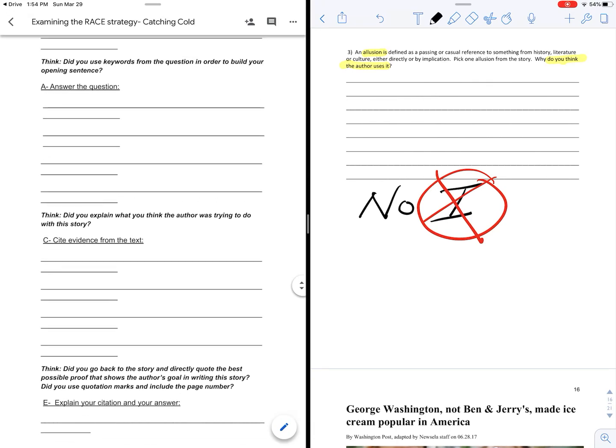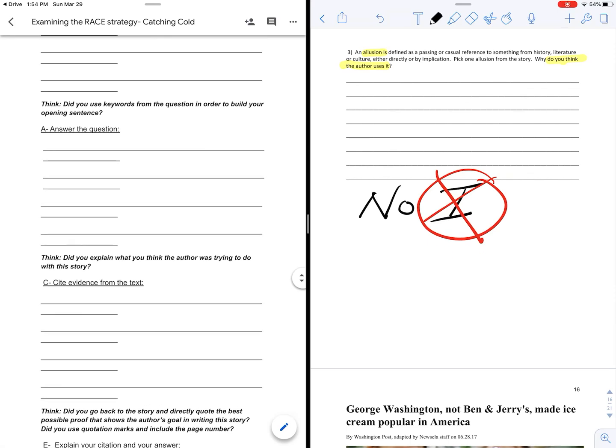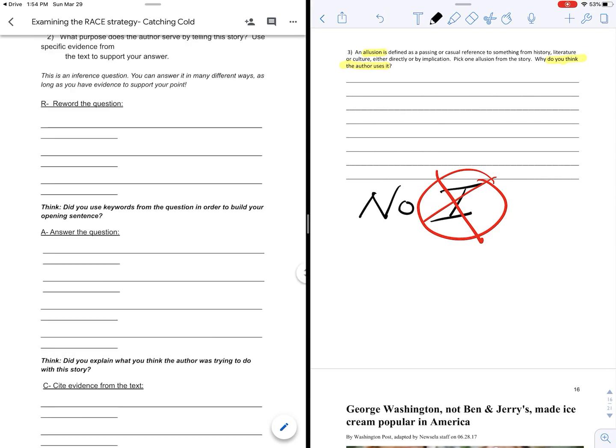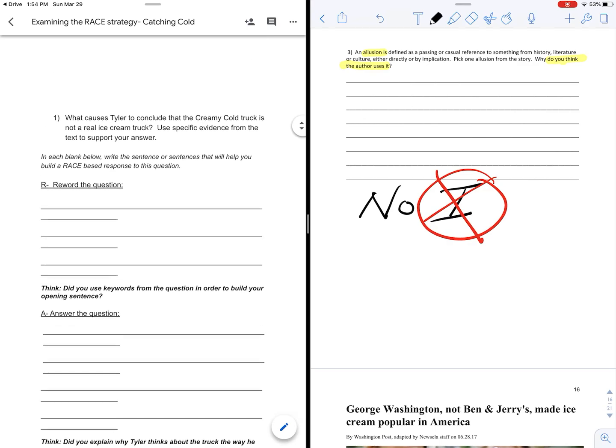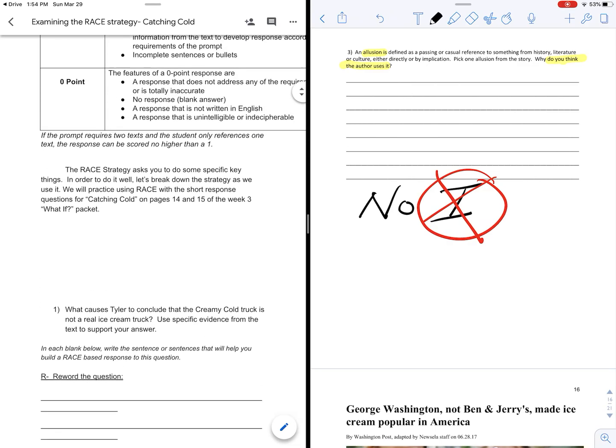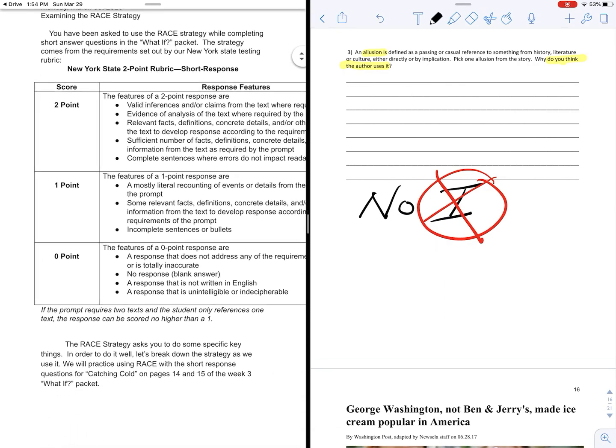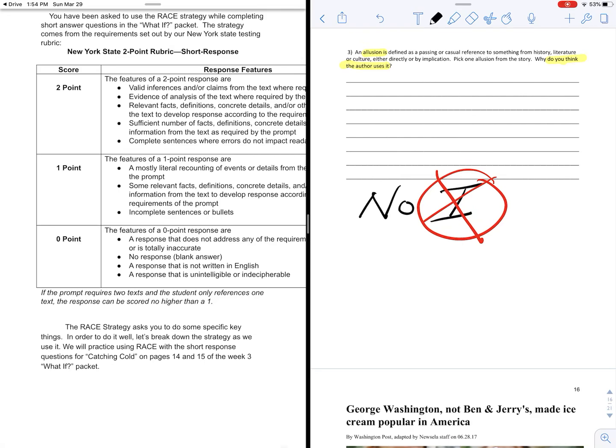If writing it over here and then copying it into the packet is going to make you nuts, don't do it. Then just do it in the packet from the beginning, but use the sheet as a guide, because the guide is there to remind you of what you need to do to earn the most points. And that's why the sheet starts with the scoring rubric.